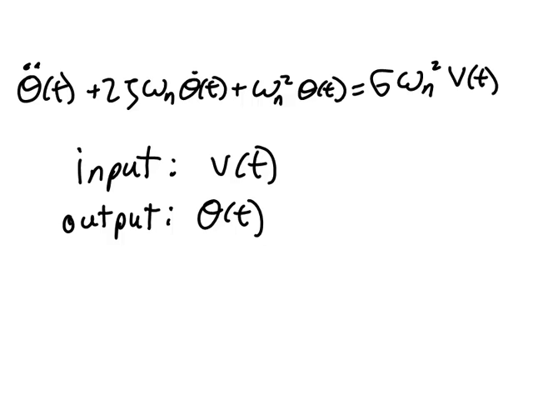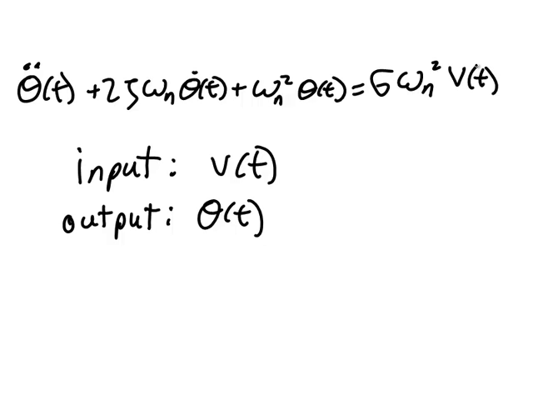Now the next thing I need to do is identify my state vector. To figure out what I need in my state vector, I'm going to take each of the signals that I have in my equation. In this case, the only signals that I have are theta and v.